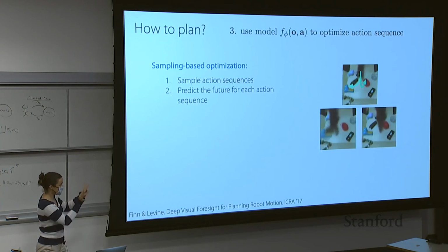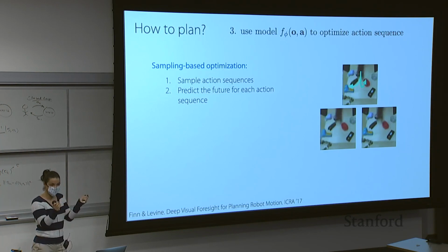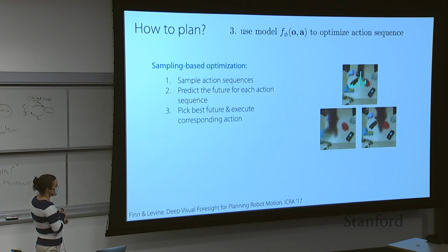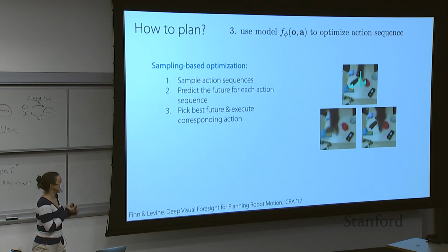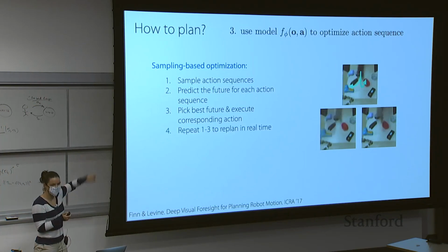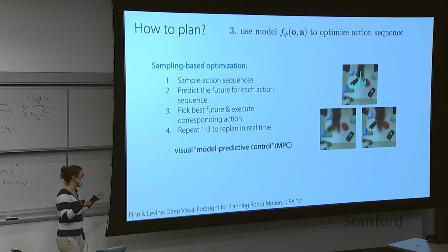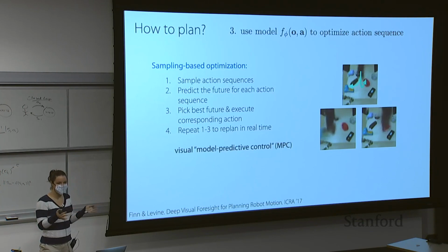You run those actions through your video prediction model to predict different futures, then pick the future that you like the best and execute the corresponding action. Then you can repeat steps 1 through 3 to replan like we talked about before. Essentially this is just the MPC approach that we talked about before, but in visual space, or visual MPC.